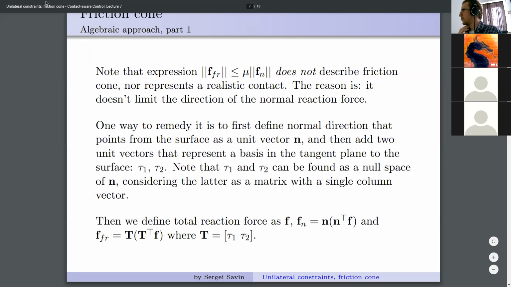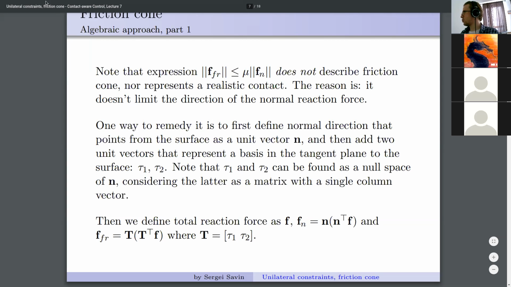And we can complement it with two vectors which are tangential to the contact surface, tau1, tau2. You can see them two lines below. Those two are also unit vectors, and together with n, they form an orthonormal basis in the three-dimensional space. So every vector can be expressed in terms of this basis.